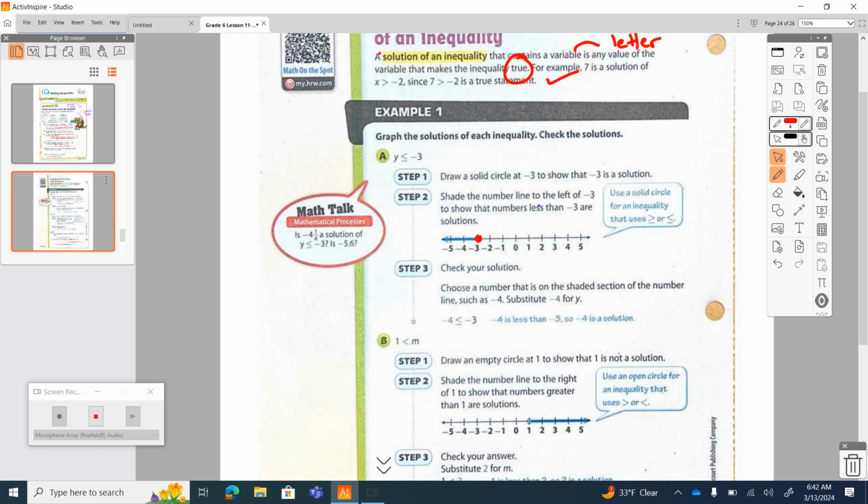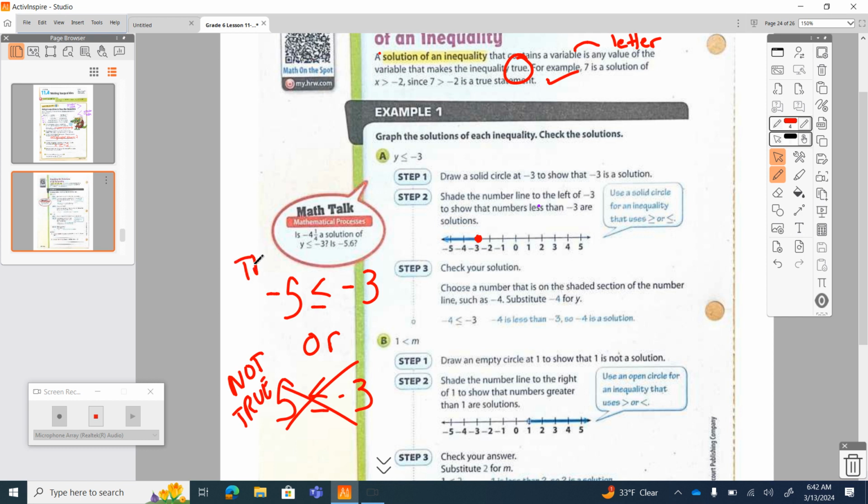For example, is -5 less than or equal to -3? Or is 5, because it's on the other side? Well, 5 is not less than -3, that's not true. This one is true. So we want an arrow to the left.